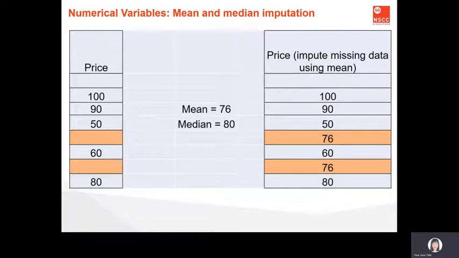Questioning time. So when should we use mean or median to impute missing data? If you find that the variable is normally distributed, the mean and the median are approximately the same, and you may use either of the two imputation techniques.